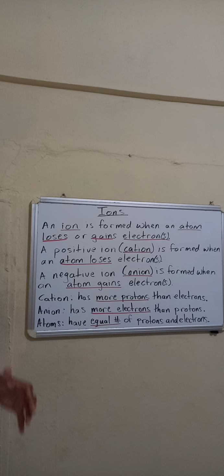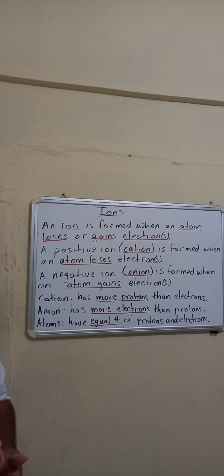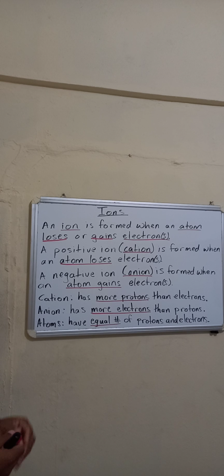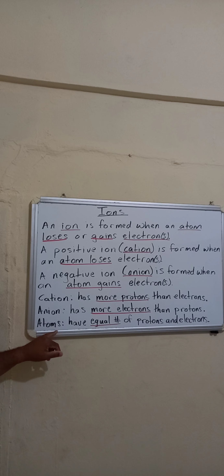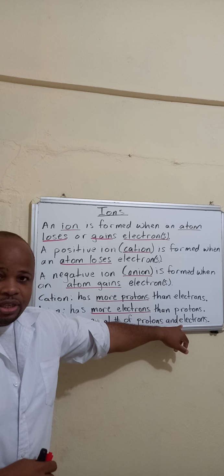So the main difference then between an ion and an atom, as you can see, is that in order to get an ion, whether it's positive or negative, it must lose or gain electrons, and that makes the amount of protons and electrons present unequal. But the atom will not have a charge, so we say the atom is neutral because in an atom we have an equal amount of protons and electrons.